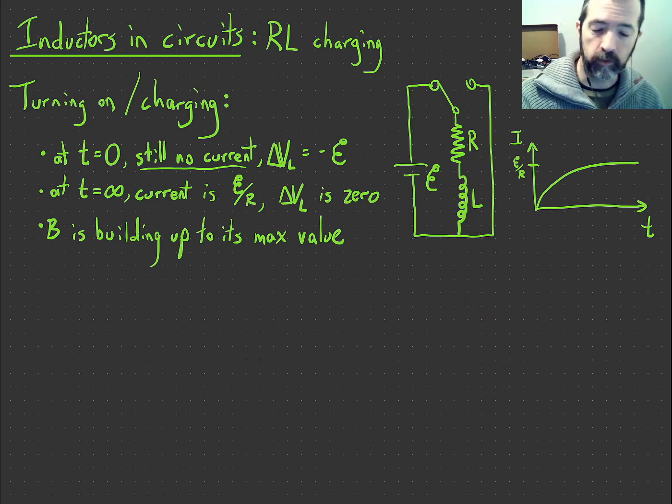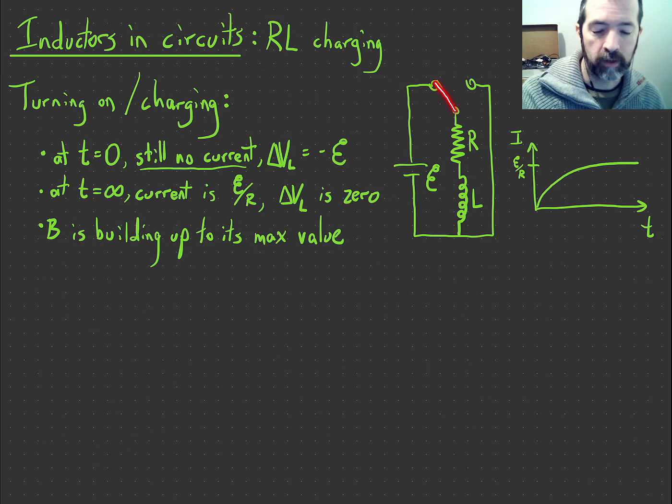Because this is a circuit that has a resistor and an inductor, it is called an RL circuit. Just like an RC circuit has a resistor and a capacitor, this has a resistor and an inductor. So I want to think about charging this up, and I'm using the same language as I would for an RC circuit there.